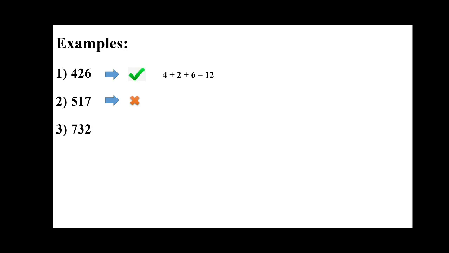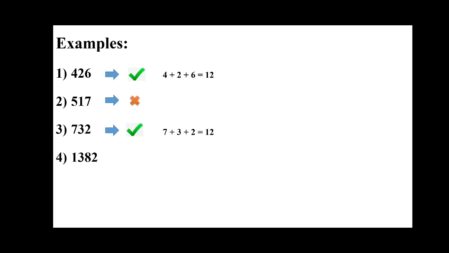So, 732 is divisible by 2. 7 plus 3 plus 2 is equal to 12. 12 is divisible by 3. So, 732 is divisible by 2 and 3. So, 732 is divisible by 6.